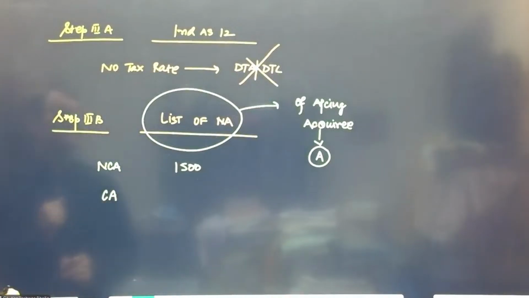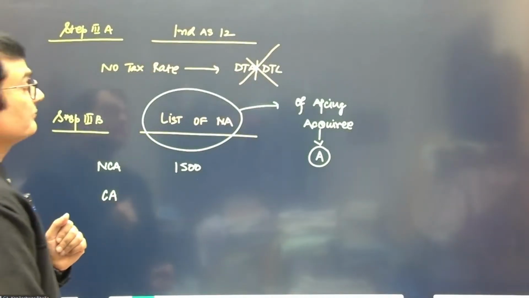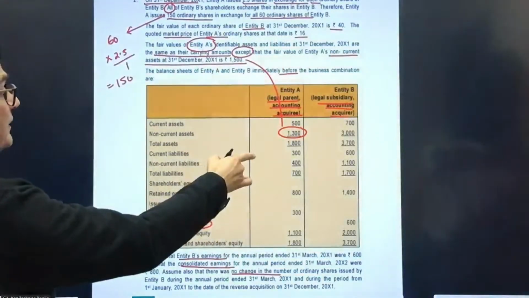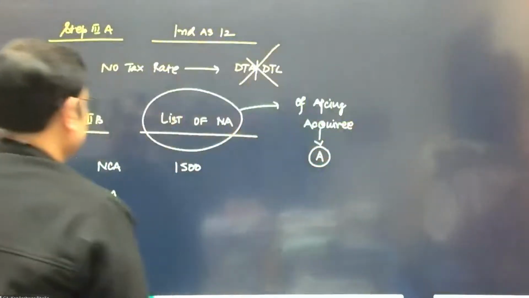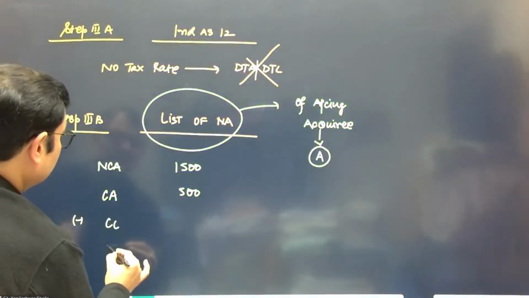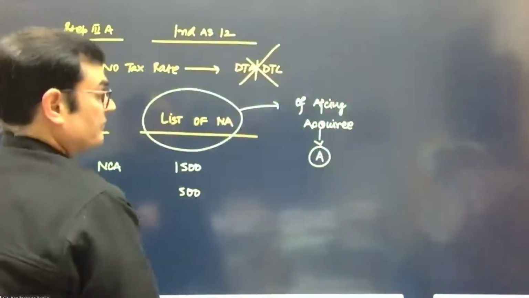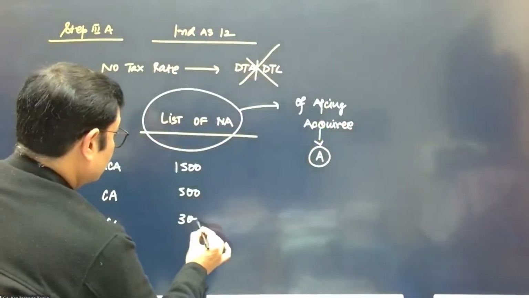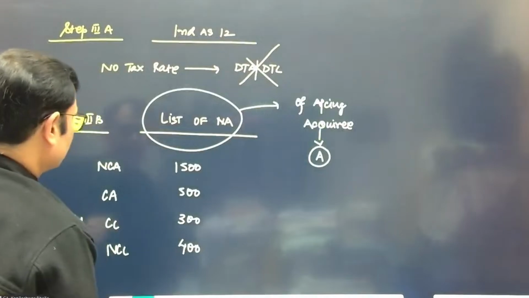Look at the balance sheet of A. I guess the current assets is 500, current liabilities 300, and non-current liabilities 400. So we've got current assets, that's 500, and current liabilities and non-current liabilities, to the tune of 300 and 400 respectively. So I think that's it.